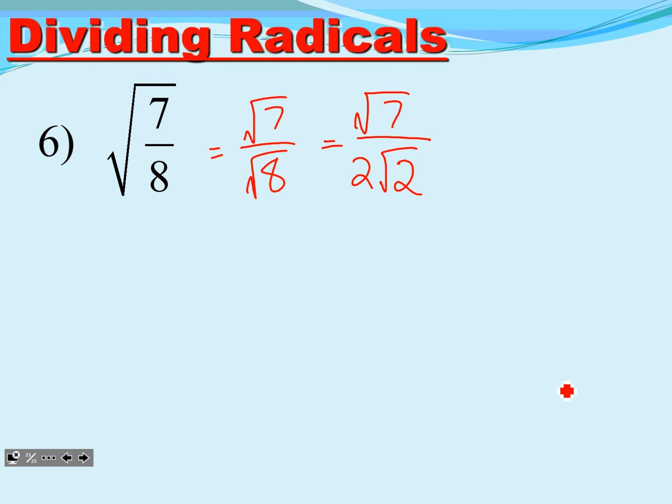So I don't like the root 2 in my denominator. So what I'm going to do is multiply root 2 to the top and bottom. Root 2 here, root 2 here. Now I'm going to multiply and simplify. So root 7 times root 2 is root 14. Root 2 times root 2 is 2, times the 2 in front, which eventually equals 4.